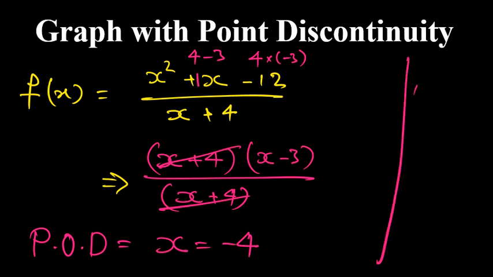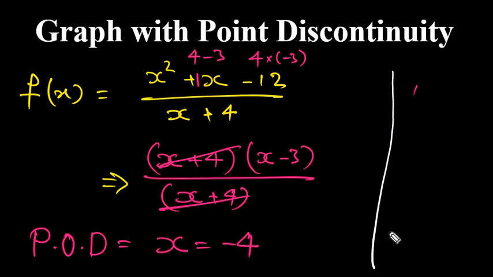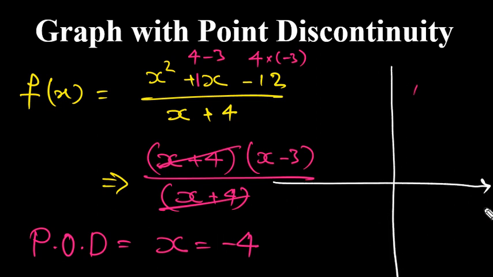Draw the graph. To draw the graph, we need to draw a rough coordinate plane here. This is your x-axis. This is your y-axis. F of x is equal to x minus 3. Now minus 3 is the y-intercept, which will be somewhere here. So let's say -3. This is 0. The slope is positive and 1, so the graph will be upward. And at -4, there is a discontinuity, right?